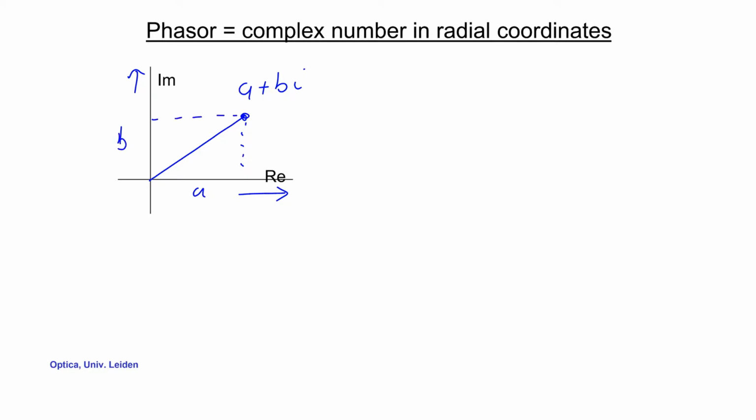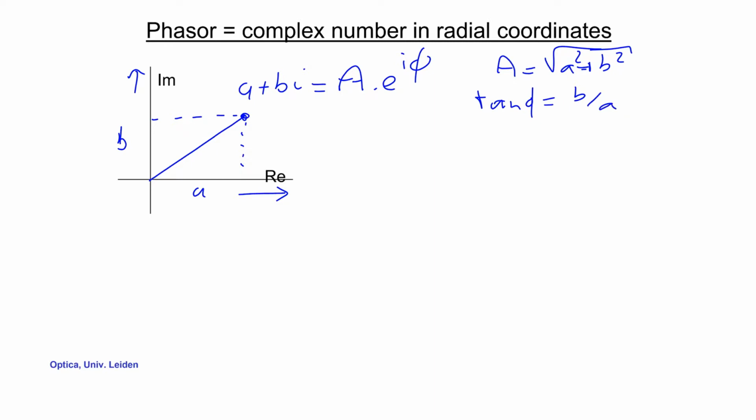But of course you can also write it in a radial representation where you talk about the amplitude of the complex number and the phase of the complex number, and the relations between this a, b and the amplitude and phase are of course the easy ones. So this quantity is what we call a phasor.